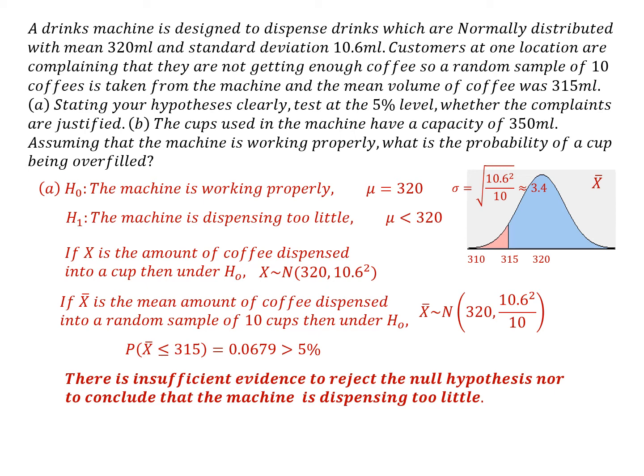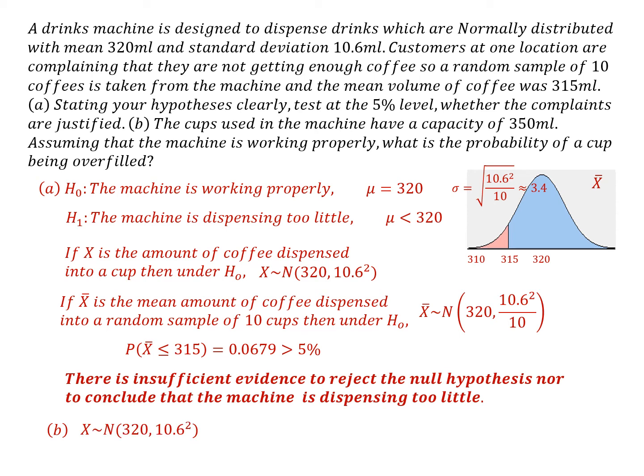Now we look at part B. We've got a capacity in a cup of 350 milliliters, and if the machine's working properly and dispensing a mean of 320, what's the probability of a cup being overfilled? It's a single cup now. So now we're looking at this distribution here, the amount of coffee into a single cup.